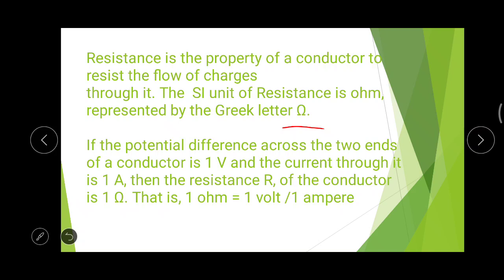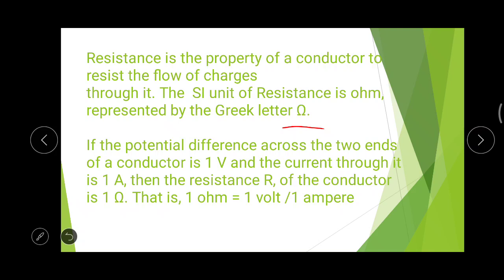Now let us come to the definition of 1 ohm resistance. If the potential difference across the two ends of the conductor is 1 volt and the current through it is 1 ampere, then the resistance R of the conductor is 1 ohm.